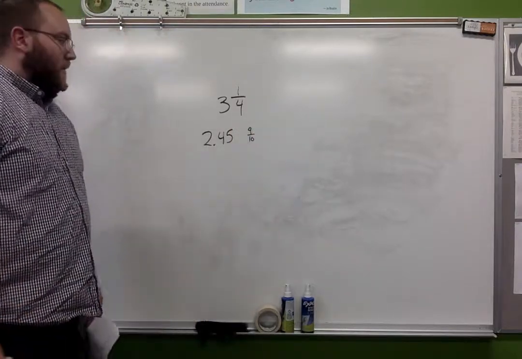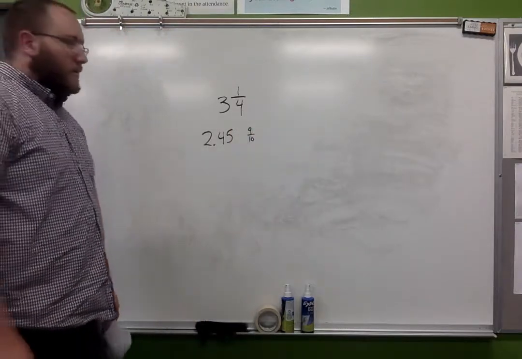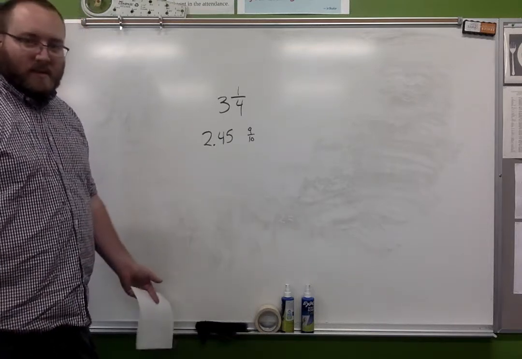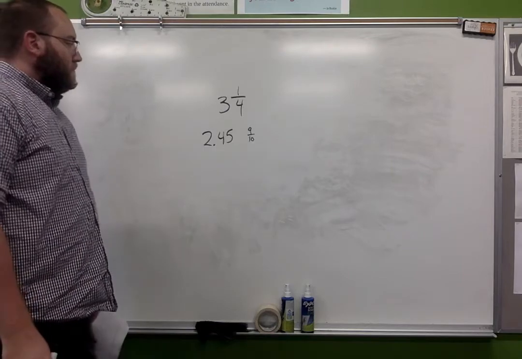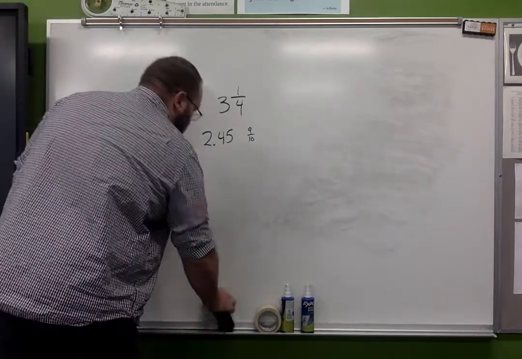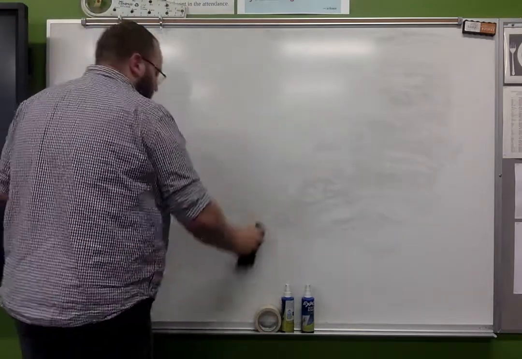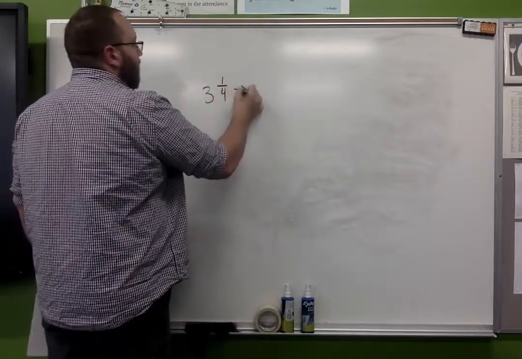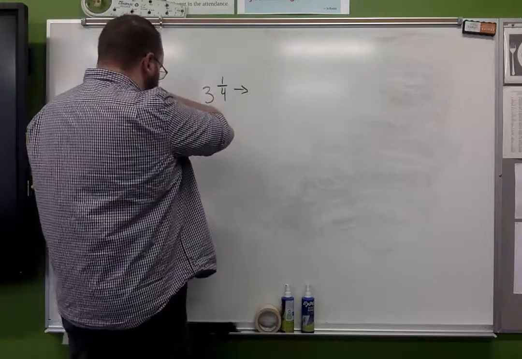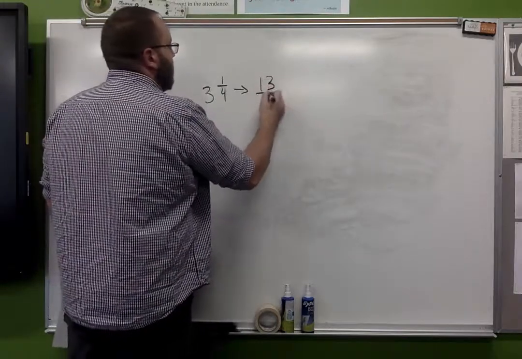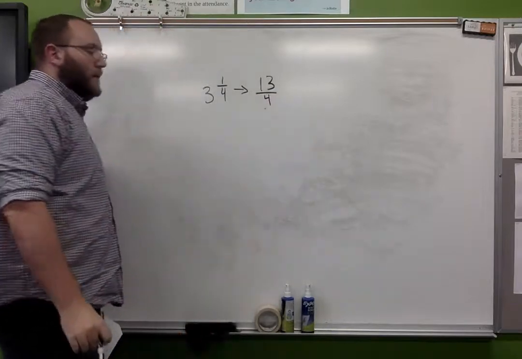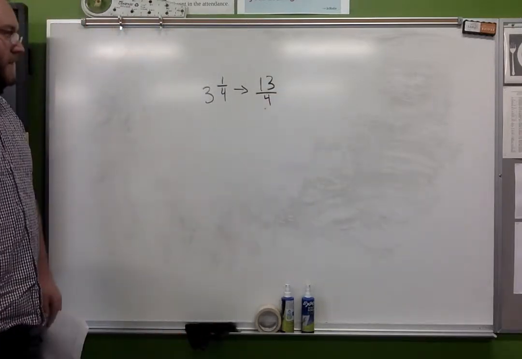For some reason, I have no idea why. It's like they're trying to round up a cent without showing you. No mixed numbers. If you have something that's 3 1/4, write it as 13 over 4. We're going to write it as an improper fraction.